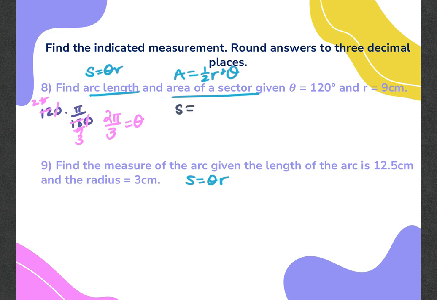My arc length would be 2 pi over 3 times 9. And I could literally just multiply straight across. 2 times pi times 9 divided by 3. 18.849. That's going to bump to 85.